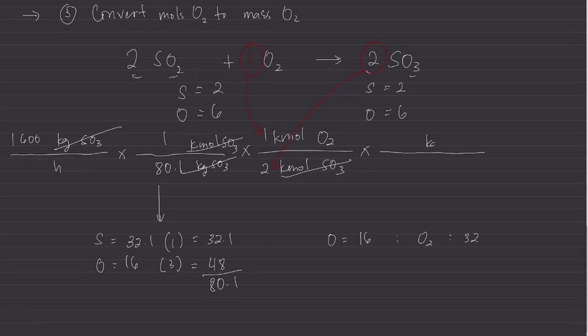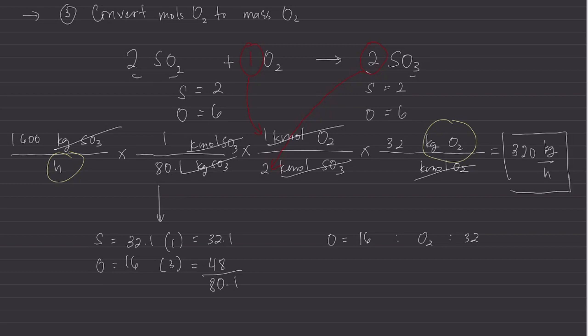So, lagyan lang natin yung kilograms O2 per kilomole O2. So, ngayon, yung kilograms O2 is 32 na dito sa taas. So, that will cancel yung kilomoles O2. And we're left with kilograms O2 divided by hours. So, ngayon, calculating this results to approximately 320 kilograms per hour. So, ito yung sagot natin dito sa ating first example.